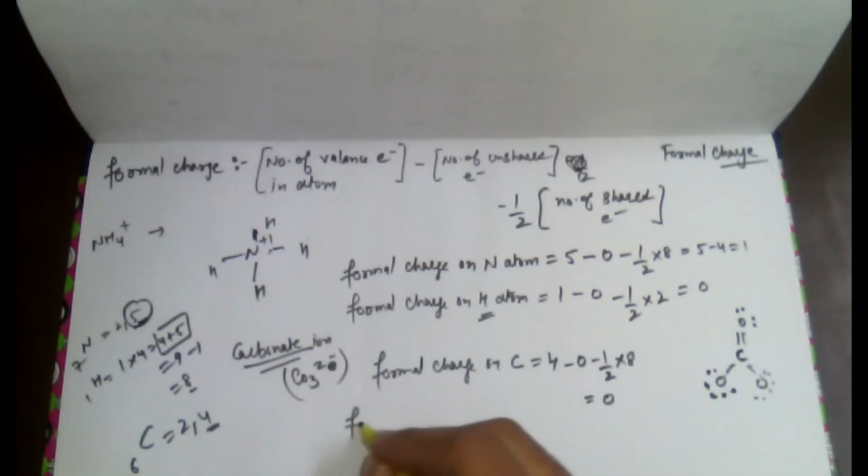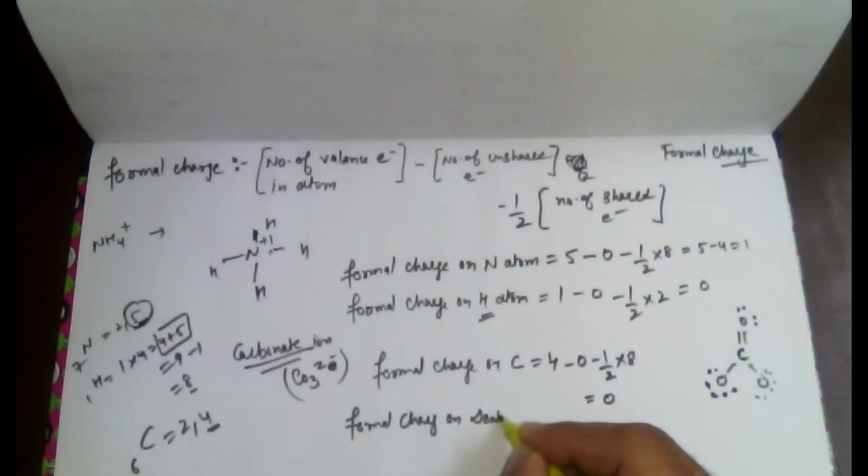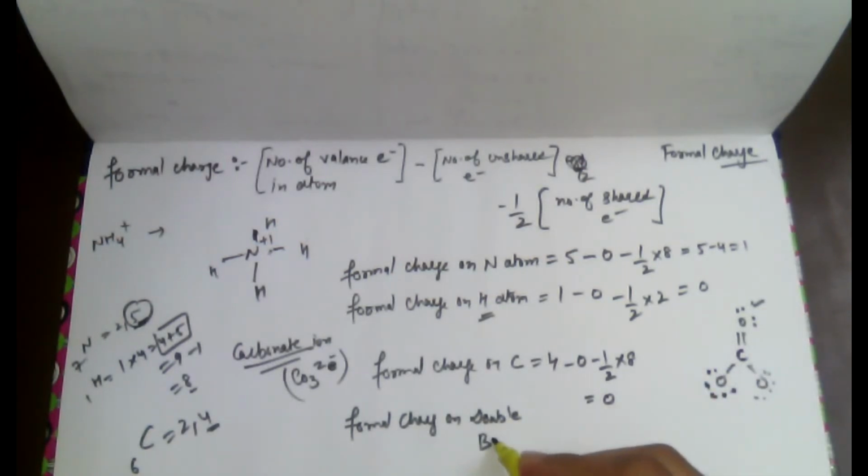So the formal charge on the double bond oxygen: we are having 6 minus 4. 6 is the valence electron of oxygen.